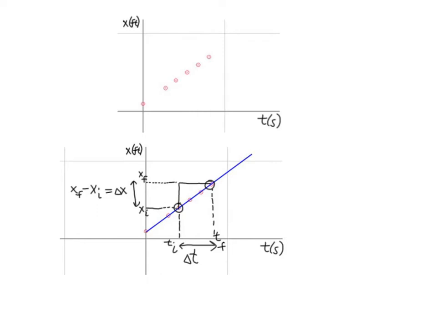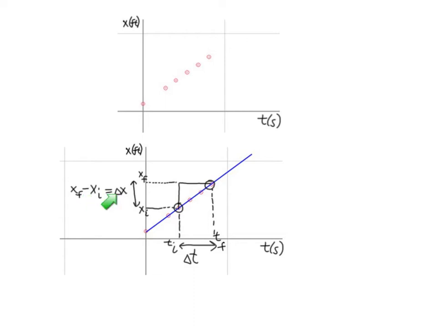If we look specifically at what the rise means, then you could see that the values used in the rise will both be position values. Specifically, this change in position will be the final position minus the initial position.